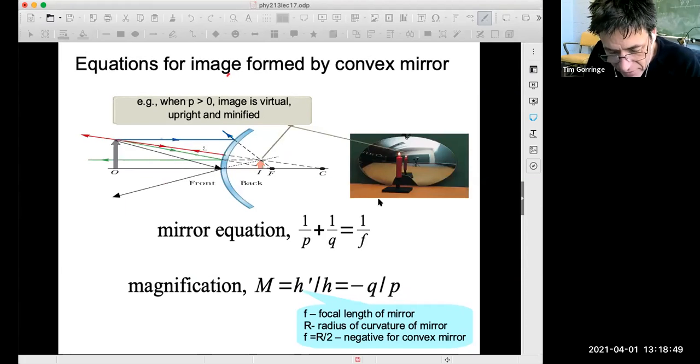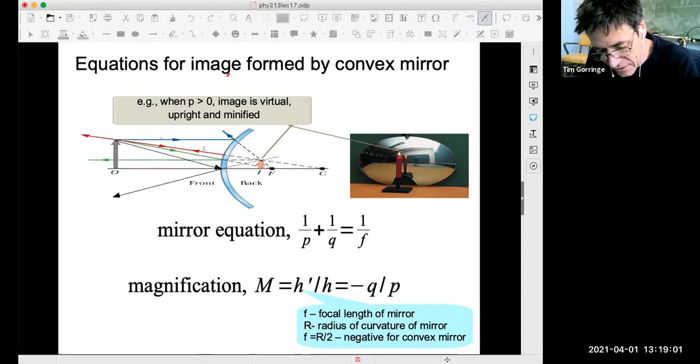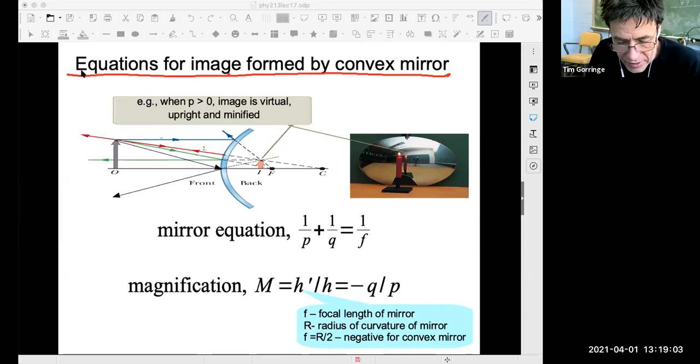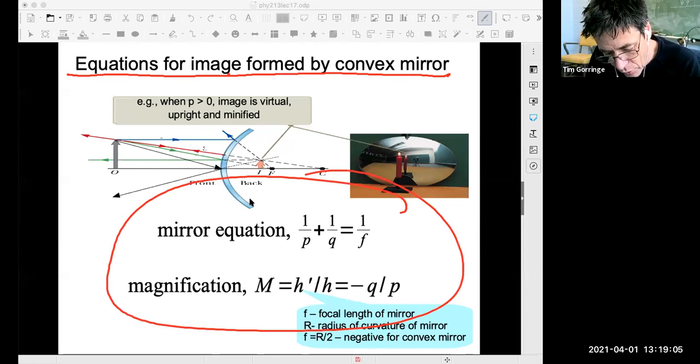Okay, so there's formulas that go with the ray tracing that allow you to predict quantitatively the properties of the image. And so this slide is kind of the partner slide to the ray tracing. It's the one with the equations, for calculating the image's location and the image's magnification.